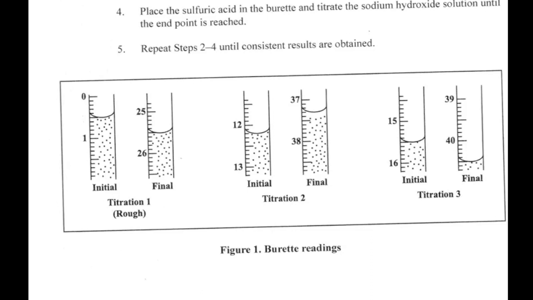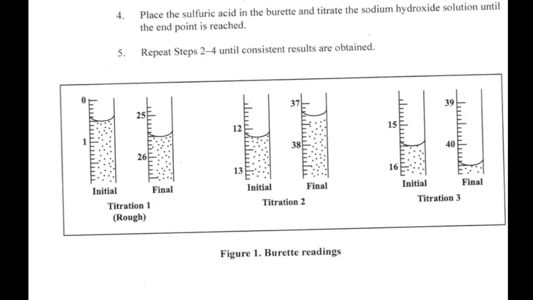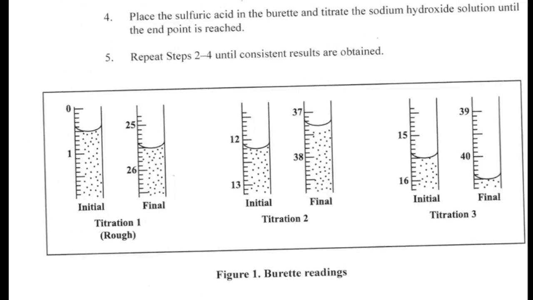So the first one, for titration 1, we have the final reading. So the final reading, we're just going to write this. Before we even read, we always have to figure out what the gradation on the scale is.